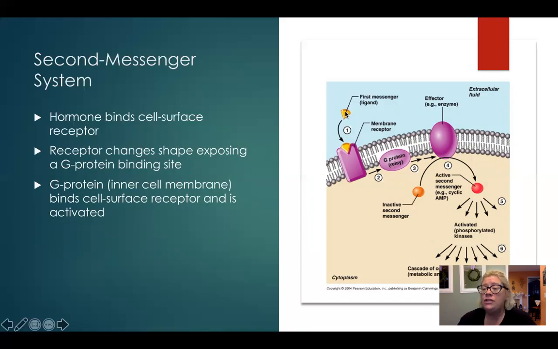We have our first messenger, which is going to be our hormone. We have our membrane or cell surface receptor. We have another player, the G protein, which is inside the cell. We have an effector, which is going to be bound within the plasma membrane. And then we also have the second messenger that is on the inside.